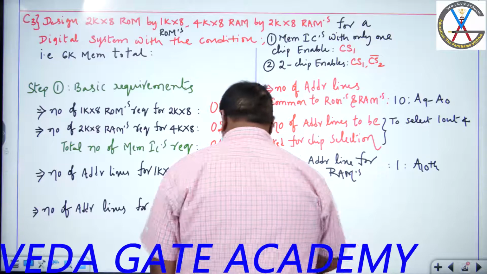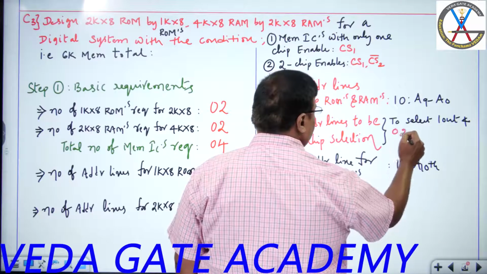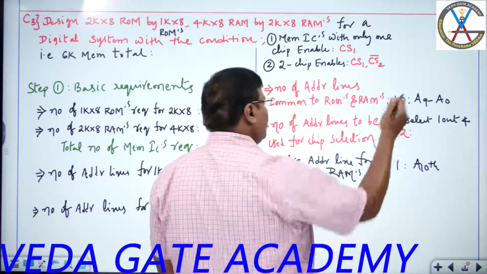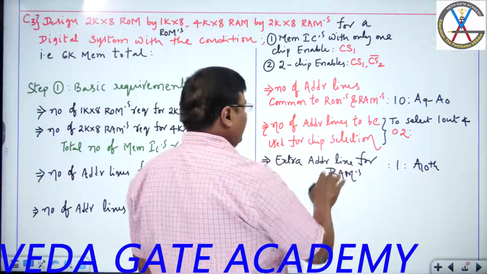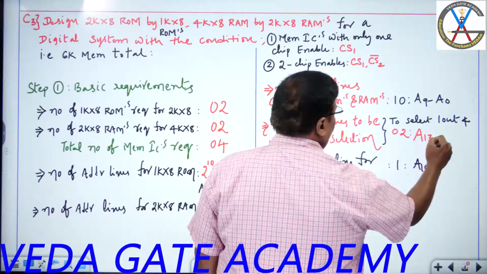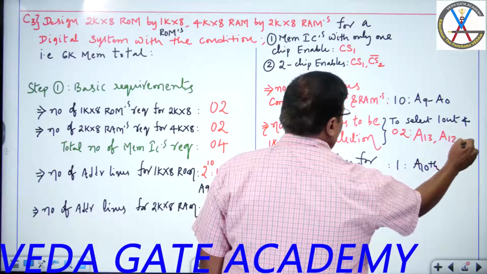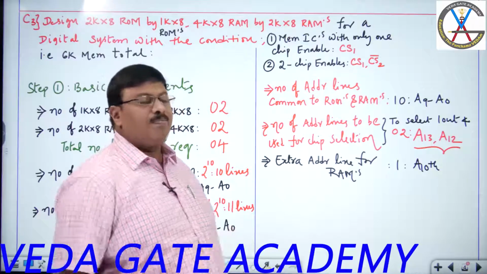So to select 1 out of 4 we need ultimately 2 lines, right? Which are they? Already A0 to A9 for ROMs and A0 to A10 for RAMs. So the remaining 2 lines will be used for chip enabling.